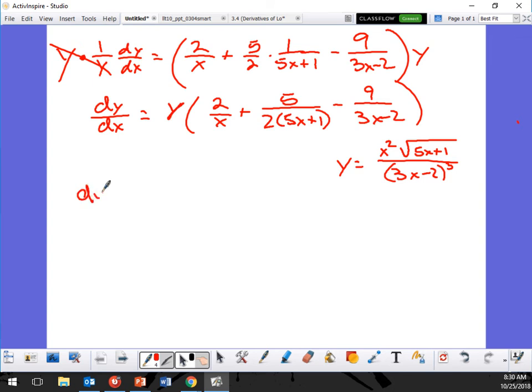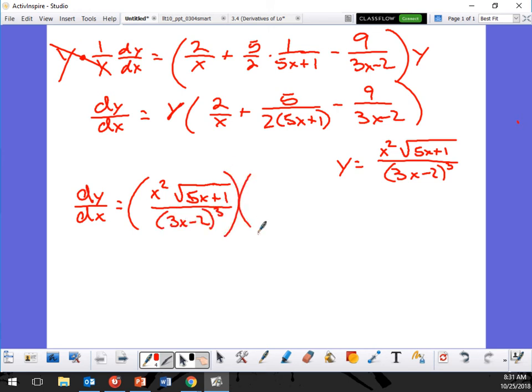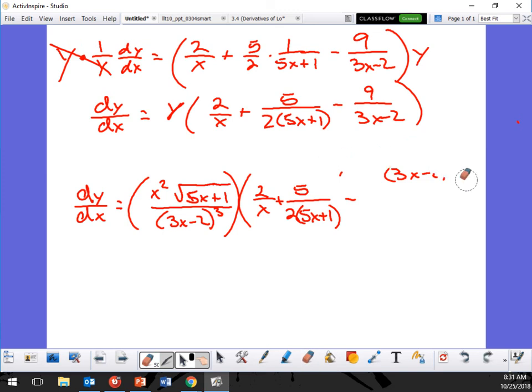So I'm going to say that dy/dx, so that's my derivative, is equal to x squared times the quantity radical 5x plus 1 over 3x minus 2 to the third, times the quantity of 2 over x plus 5 over 2 times 5x plus 1, minus 9 over 3x minus 2.